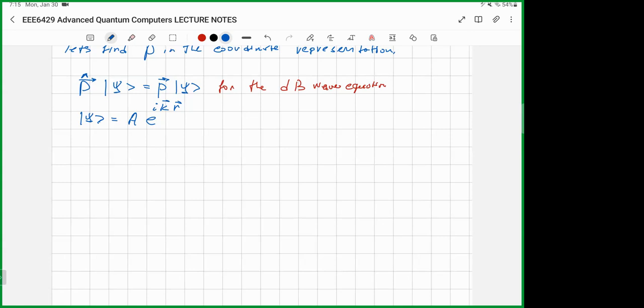So now let's plug this into the equation for the eigenstate and eigenvalues. What do we get? We get the momentum operator acting on A, which is a constant, times the exponential function e^{ikr}, and it's equal to the momentum eigenvalue, basically the value that we can measure in the lab, times the constant e^{ikr}.